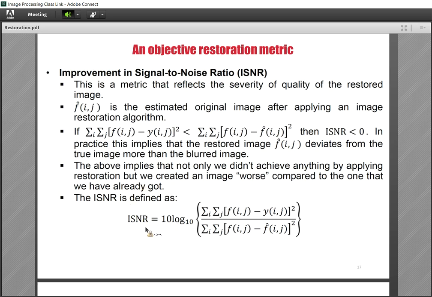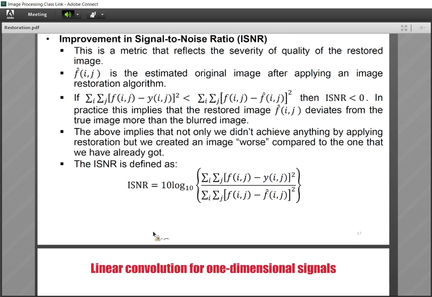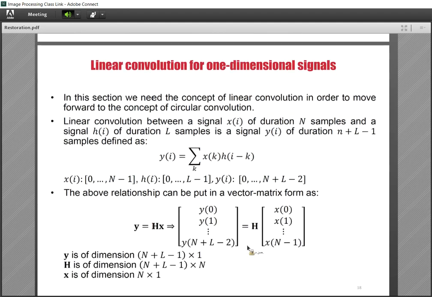Here you see ISNR is the sum over i and j in 2 axes of the energy of F minus Y, and F minus F hat. One is with the R system, the reverse system, and the other is without the reverse system. So the existence of the reverse system is good or bad depending on whether ISNR is negative or positive.